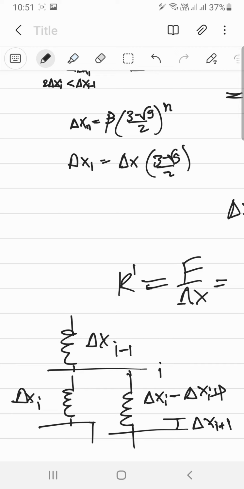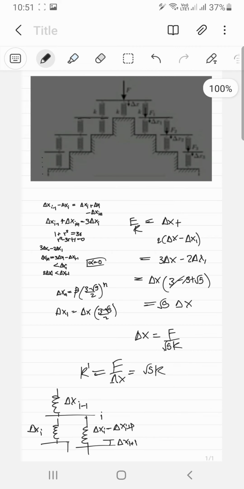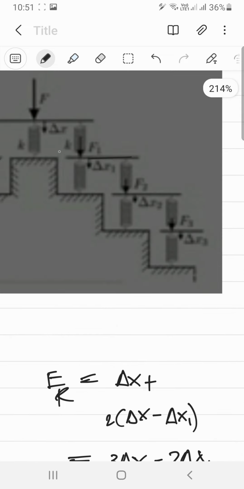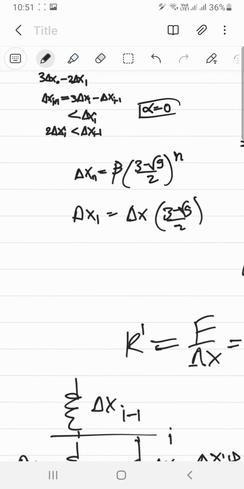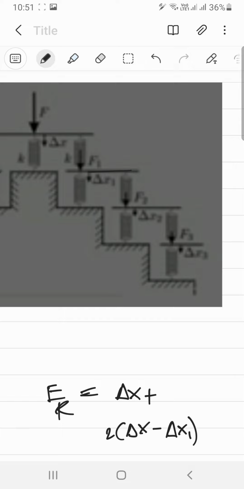Wait, is this supposed to be 2 times that, or did I make some mistake? Oh, so I did minus delta x I, of course. Over here you can see that this platform is delta x I minus 1 down, the previous platform, right, that's how it should be.